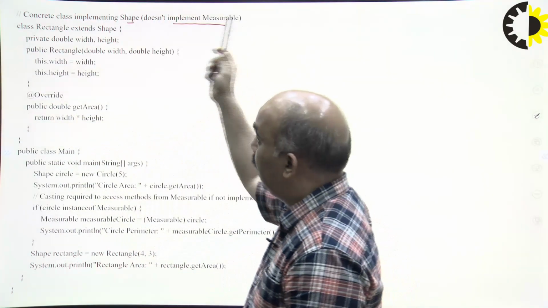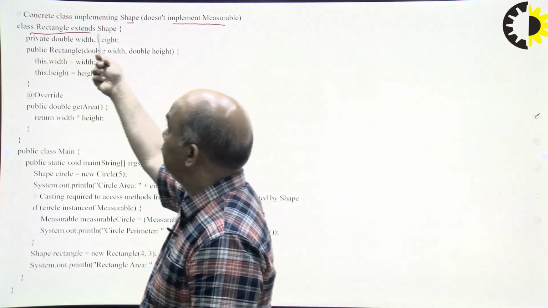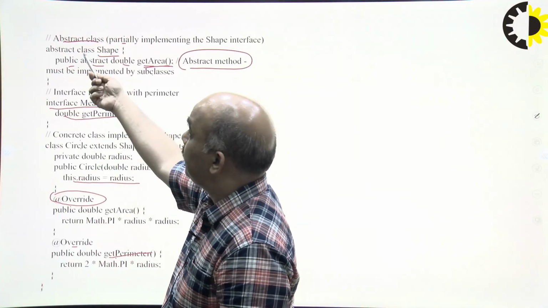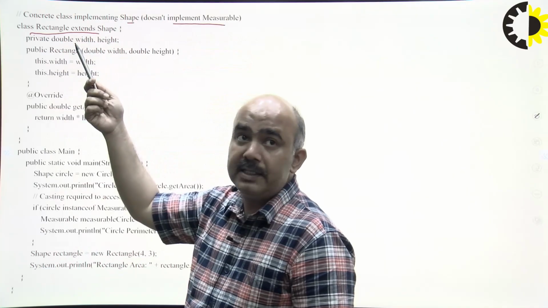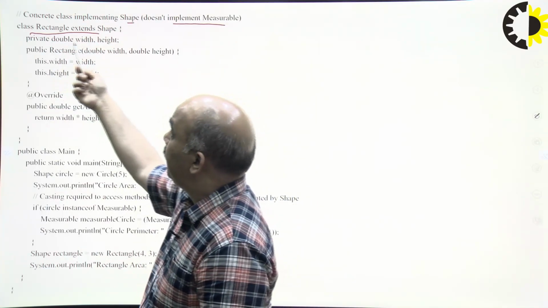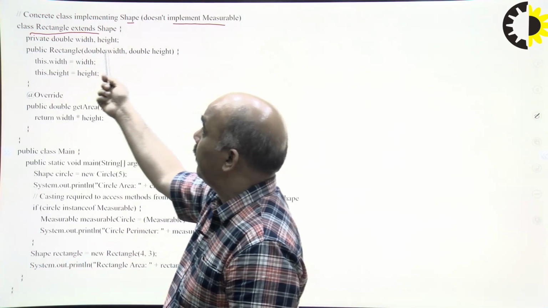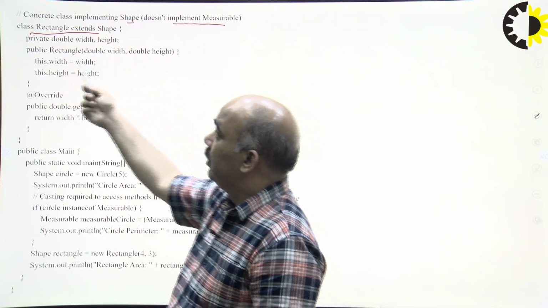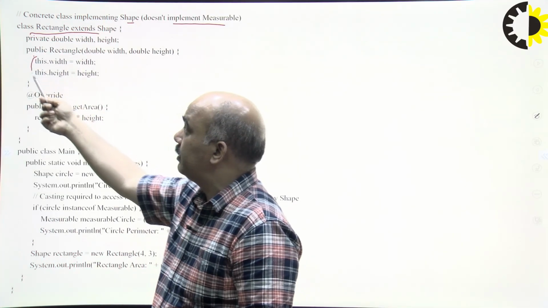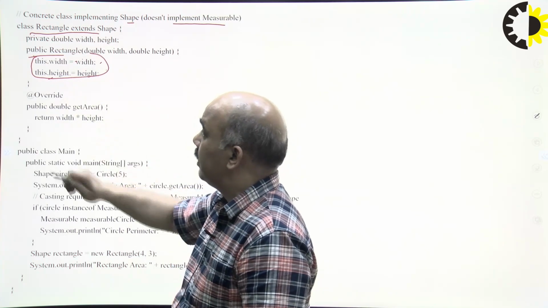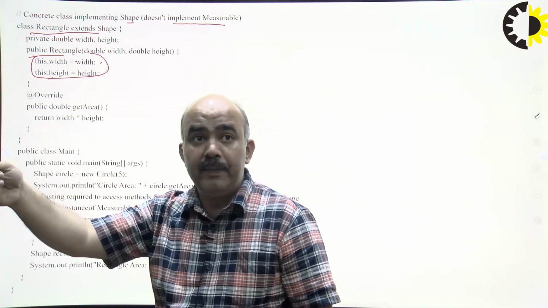Let's suppose we create a Rectangle class which will extend the Shape. Shape is this abstract class which is being extended. Here private double width and height are defined, and public Rectangle(double width, double height) is defined. So here we create an instance where this width is width, this height is height. Now we have to implement it.